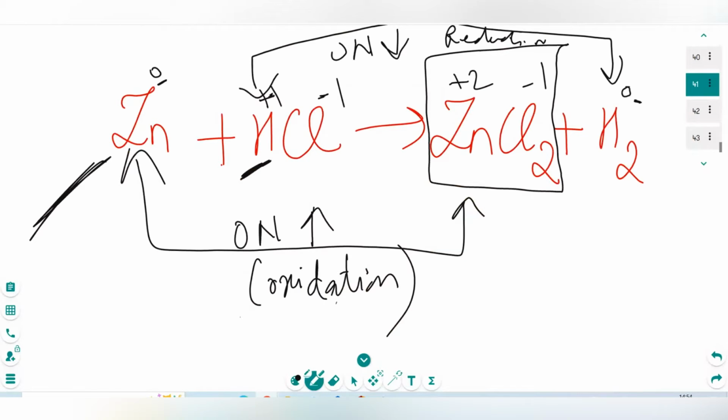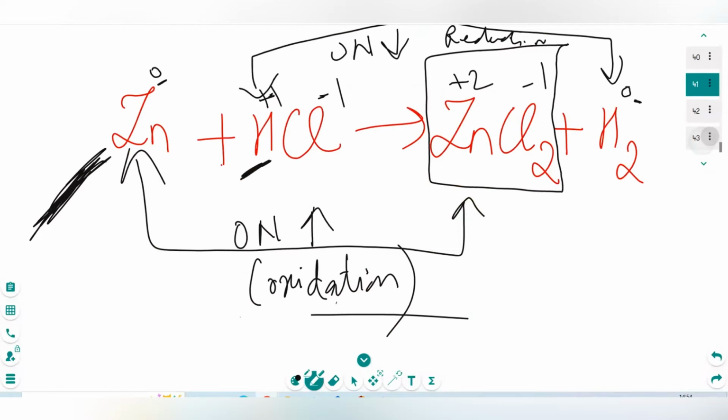Okay. So when I asked which is the oxidation and which is the reduction, you told me this is oxidation and reduction. And I asked what is Zn? You told me it is an oxidizing agent. Correct.